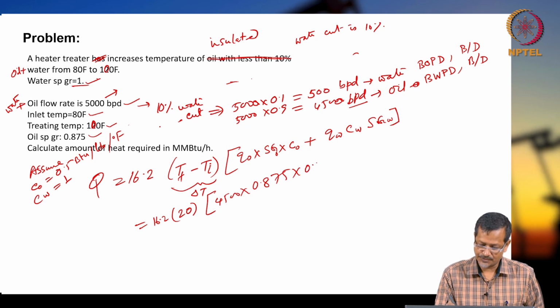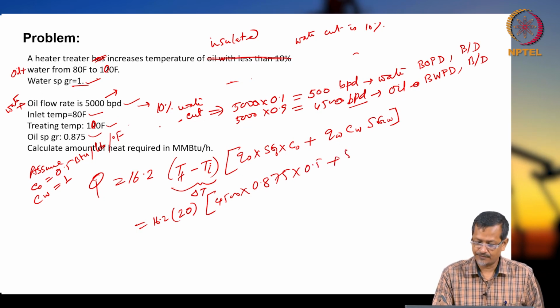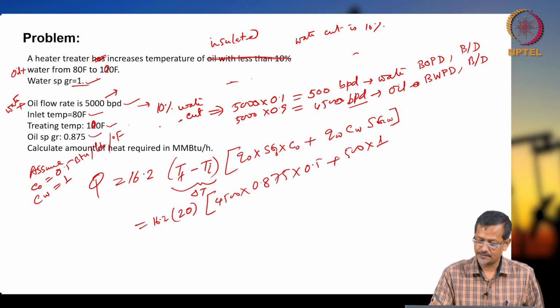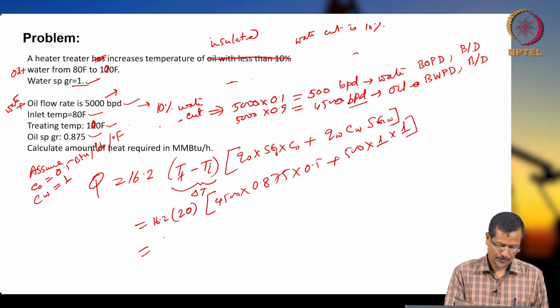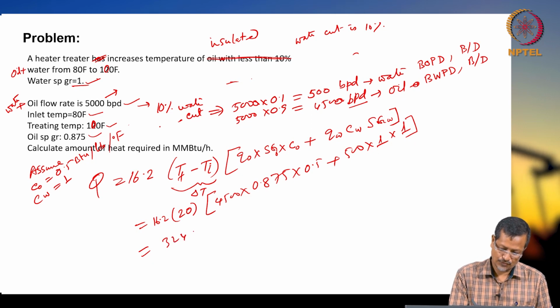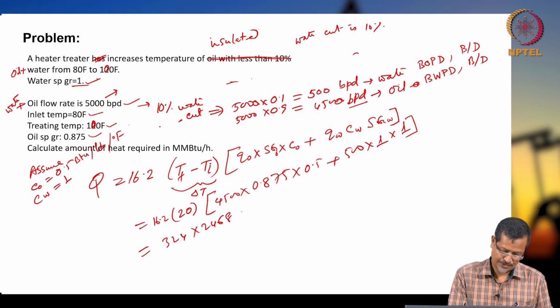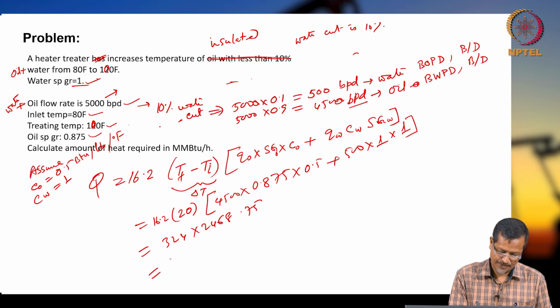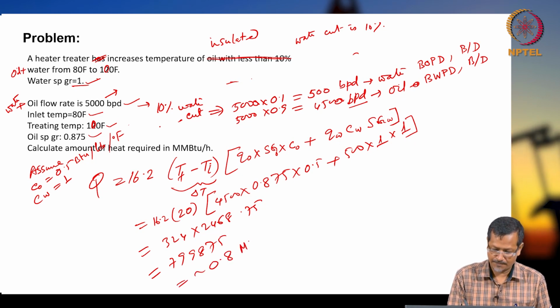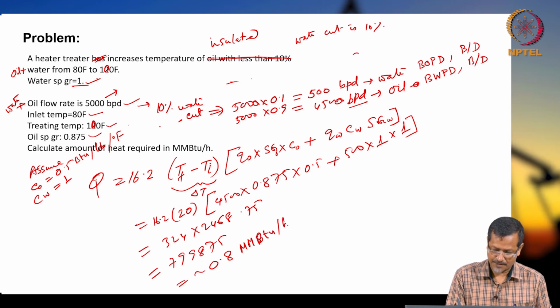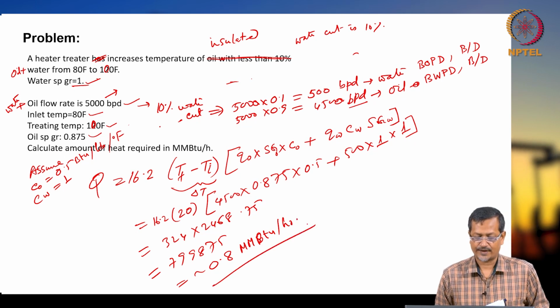So this is 0.5 plus Q water 500 into C water 1 and SG water specific gravity 1. Now if we calculate all these parameters, 324 into 2468.75, finally it will come 799875, or almost 0.8 MMBTU per hour. So this is your final calculation.